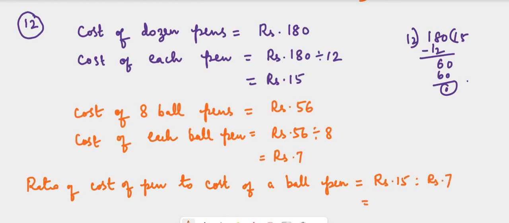The rupee will get cancelled. So 15 is to 7, because we cannot simplify further. Already it is in simplest form. This is the ratio of cost of a pen to cost of a ball pen: 15 is to 7.